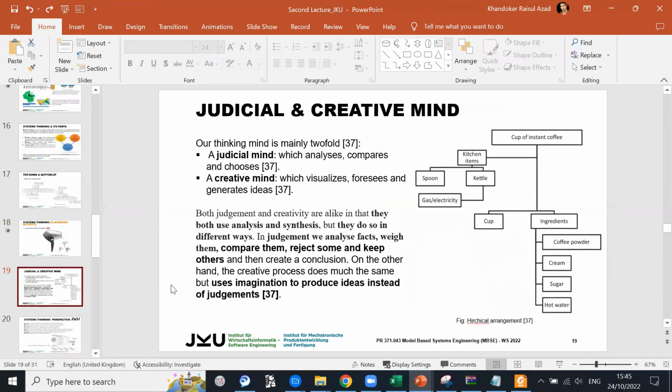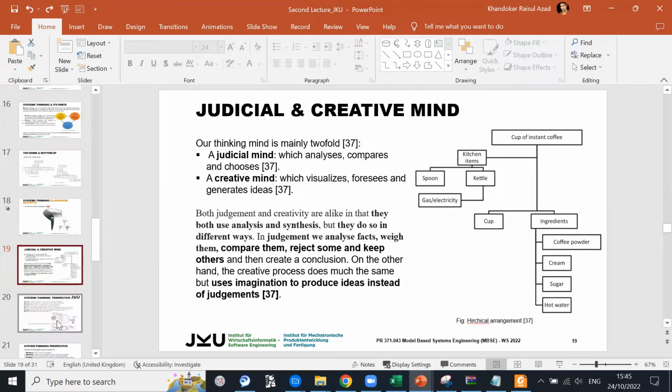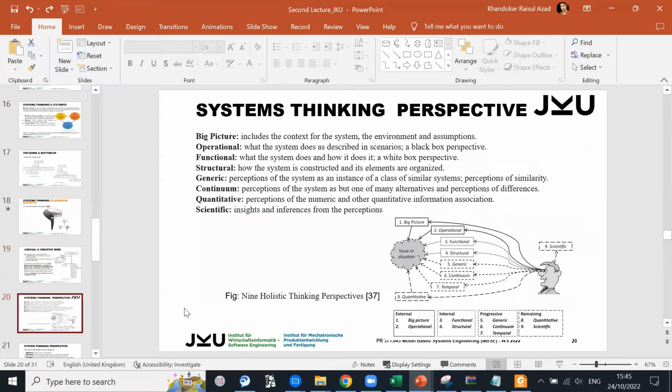If not, then I would like to skip this one. This is actually related with how our brain functions. And this is the systems thinking perspective. When we are doing systems thinking, we have to think of the big picture, like where the systems of systems come across, the systems environment, and all the things that somehow influence the system's functions that we need to consider.